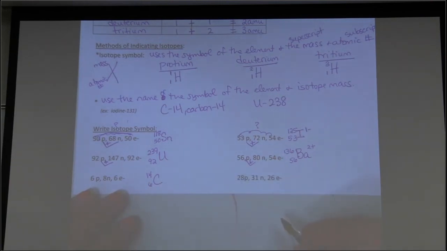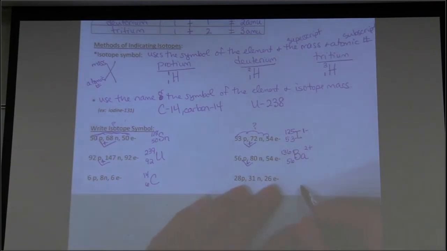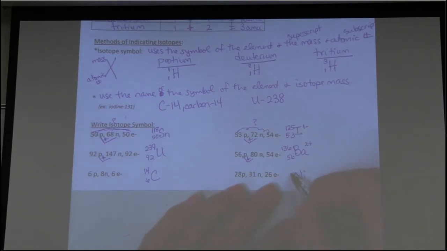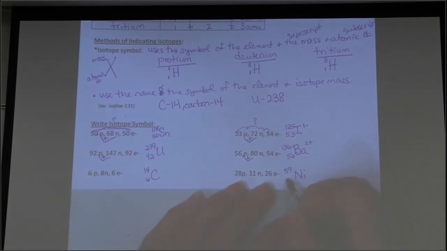Is it an ion? Okay, who is this? Nickel. Its mass is 59. 28. Is it an ion? So it's really nickel-59 with a 2+ charge. So it's got the charge of +2, but it's got an isotope mass of 59.